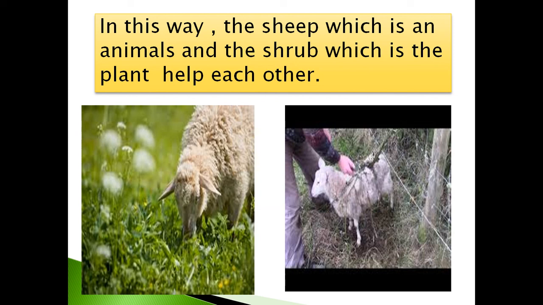The sheep feeds on leaves and the seeds get caught in their wool. This way, when the sheep goes to different places, the seeds might fall, and this way the plants grow in different places.